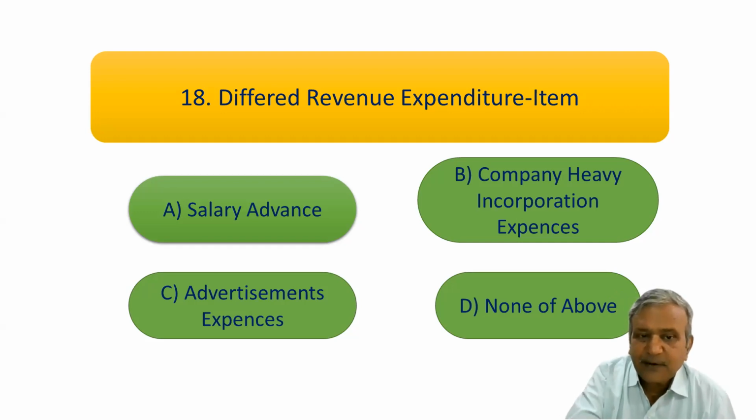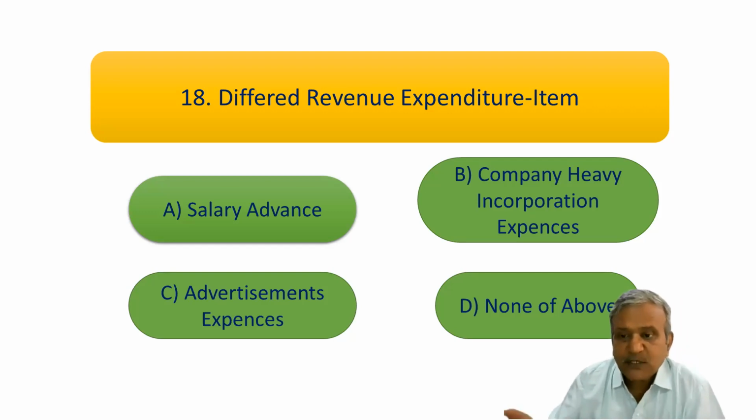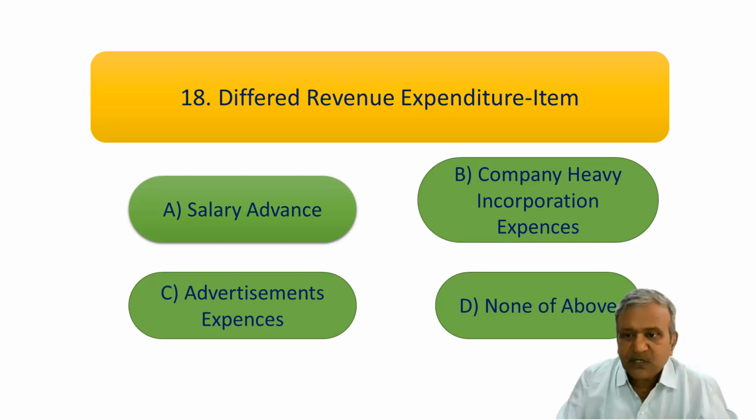That's the reason here, advertisement expenses he has mentioned, he has not mentioned a heavy advertisement campaign, so it is not a deferred revenue. Which is deferred revenue? Company incorporation expenditure. When I'm starting a company, I spend on share expenditure, advertisement, everything.